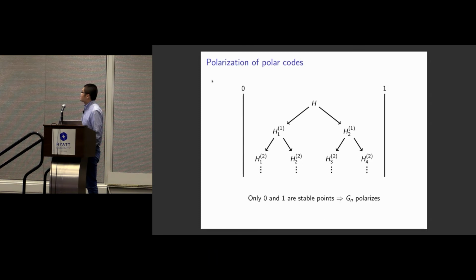When m is equal to 1, we have 2 input bits. Therefore, we have H1 and H2. When m is equal to 2, we have 4 input bits. Therefore, we have H1, H2, H3, H4. So each time we increase m by 1, we will have 2 times more Hi's.